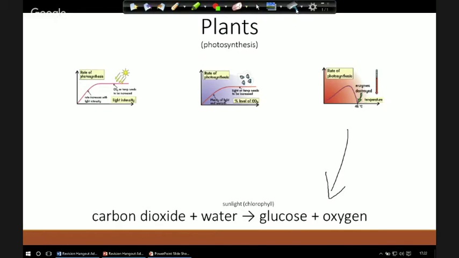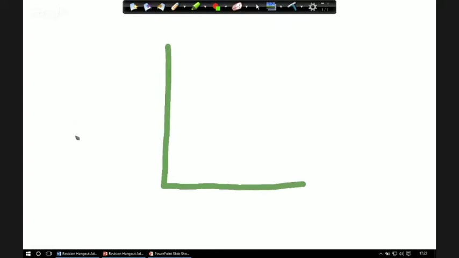The classic graphs that you're going to need to draw essentially are something like this. You're going to have yourself a rate of photosynthesis, how quickly it's going, or how much is being produced.